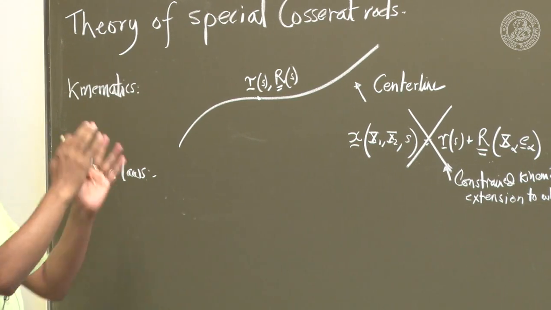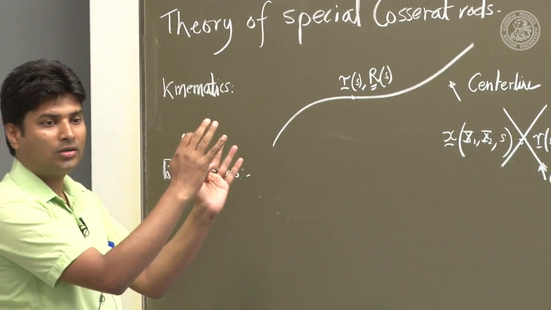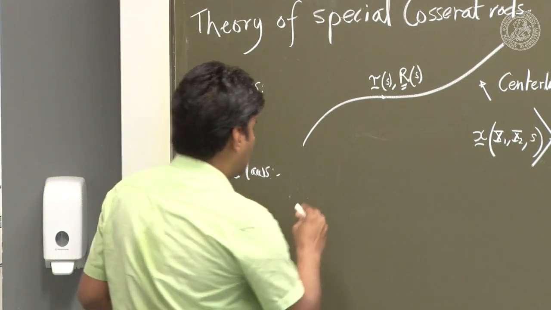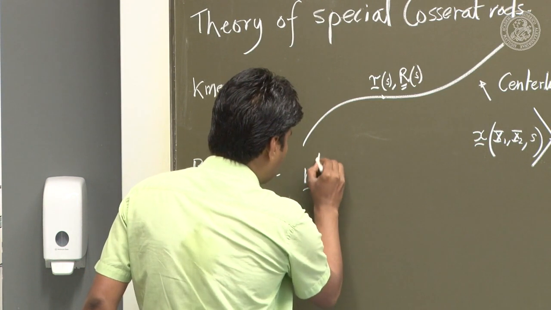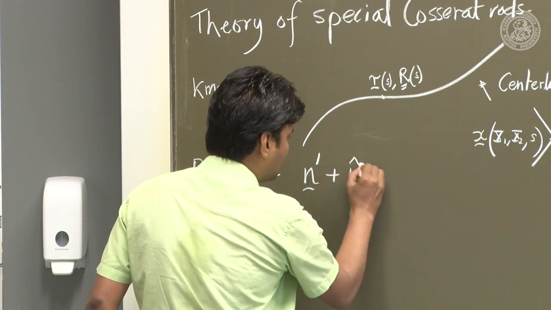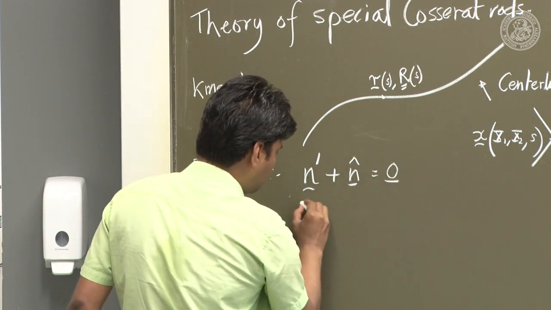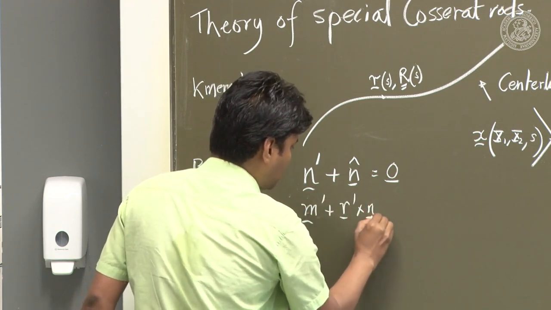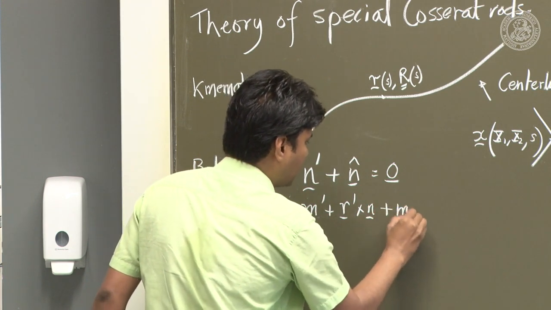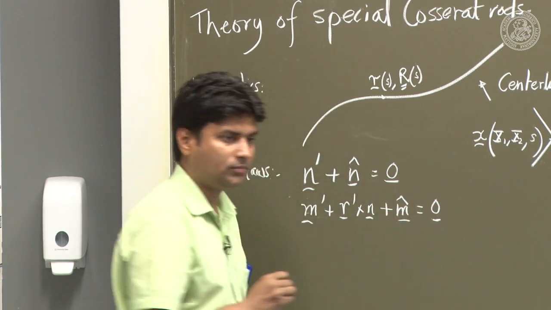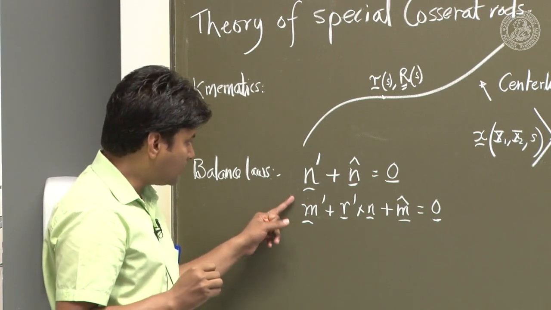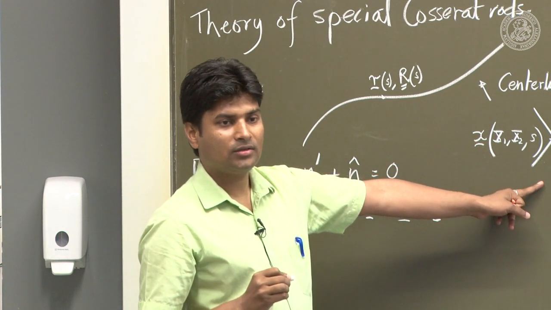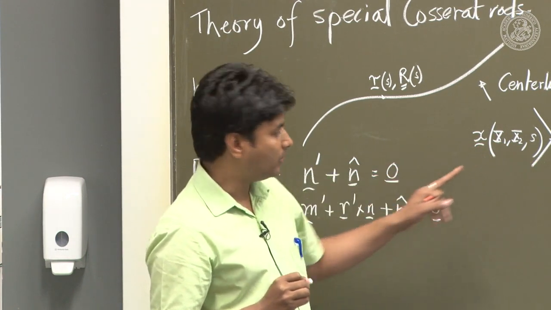You remember you took an arbitrary segment of a rod and did force balance and moment balance, and you obtained the two equations: n prime plus n hat equal to 0, then m prime plus r prime cross n plus m hat is equal to 0. While deriving these balance laws, we never used this kinematics.